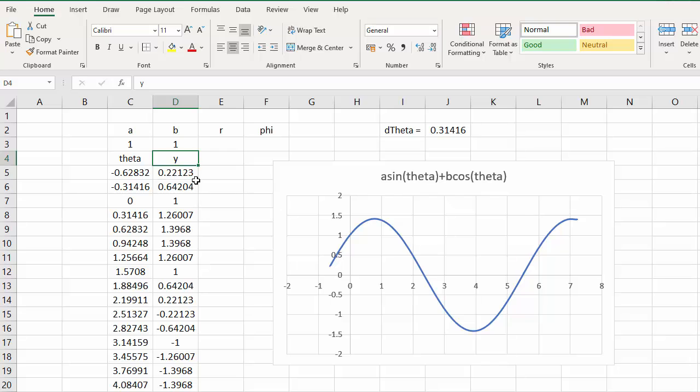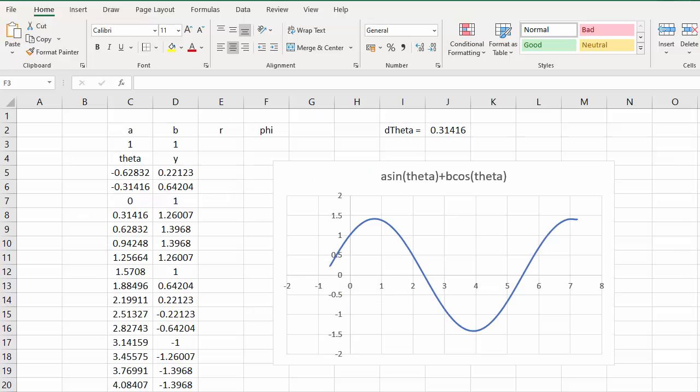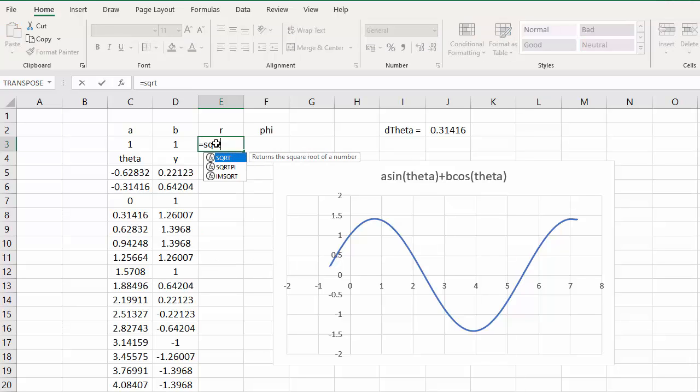Let's just remind ourselves how to find r and phi. r is equal to the square root of a squared plus b squared, and phi is equal to the arctan of b over a. So r is equal to the square root of a times a plus b times b.